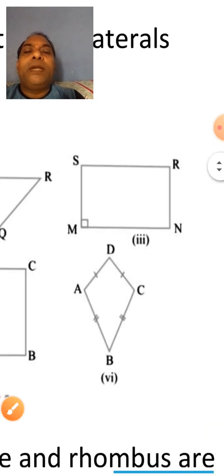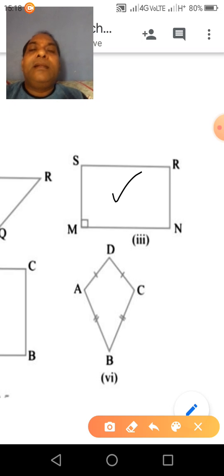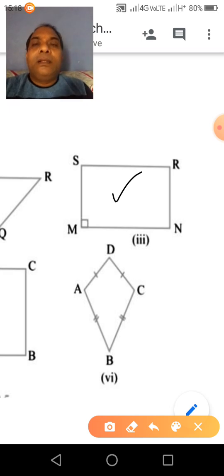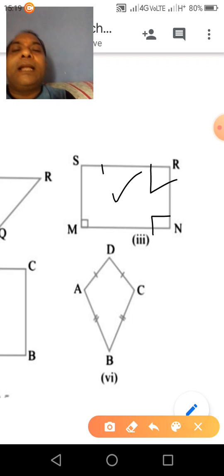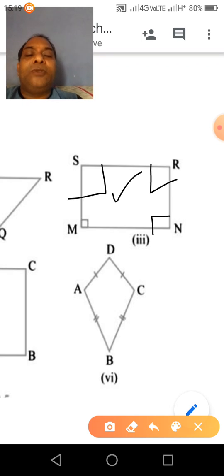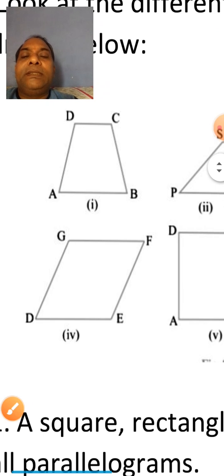Next type of quadrilateral is a rectangle. Clear? So in case of rectangle, pair of opposite sides are equal and each angle will be 90 degree. Angle M, angle N, angle R, angle S will be 90 degree in case of rectangle. Clear? Next type, rhombus.